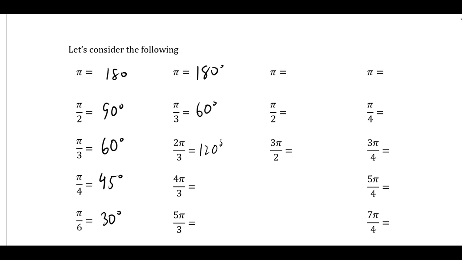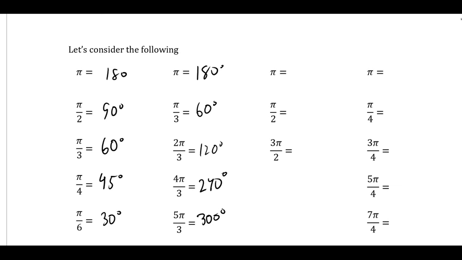I just think about, well, pi over 3 is 60. I have 2 of those, that's 120. So what's 4 pi by 3? 240? Five pi by 3. So I've got 5 60-degree angles. Go back to the pi by 3, that's 60. I've got 5 of those, so that's 300.